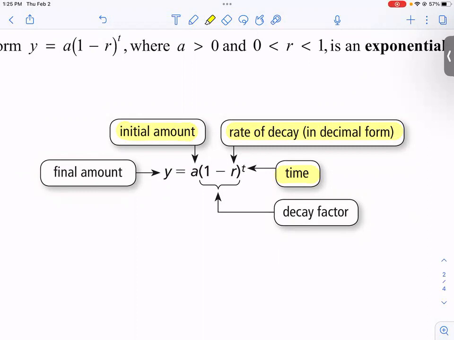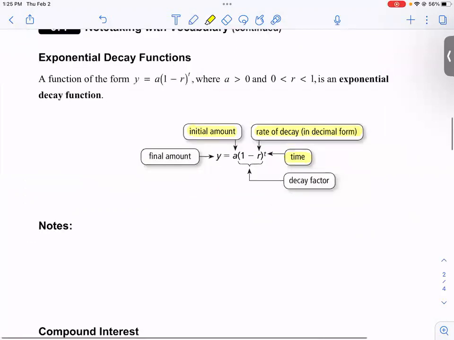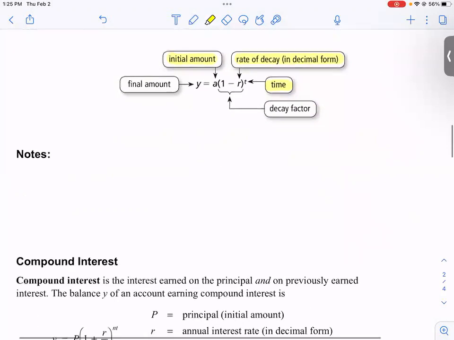What is something that decreases in value the longer you have it? Money. Your car. You drive that car off the lot and it's already going down in price.